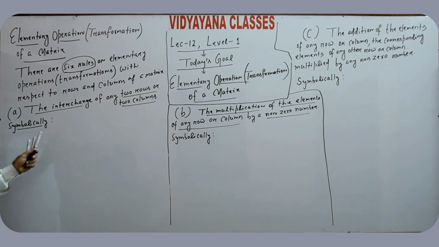What is A? The interchange of any 2 rows or 2 columns.